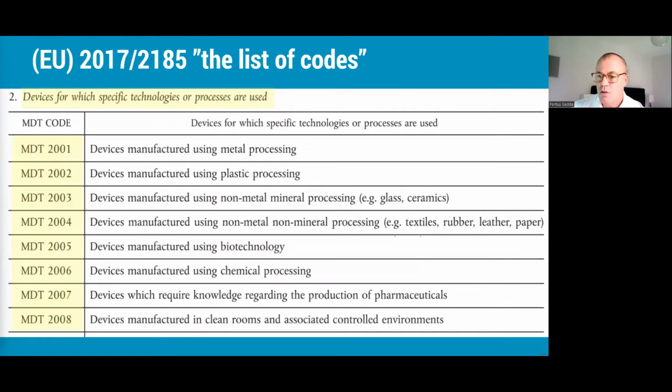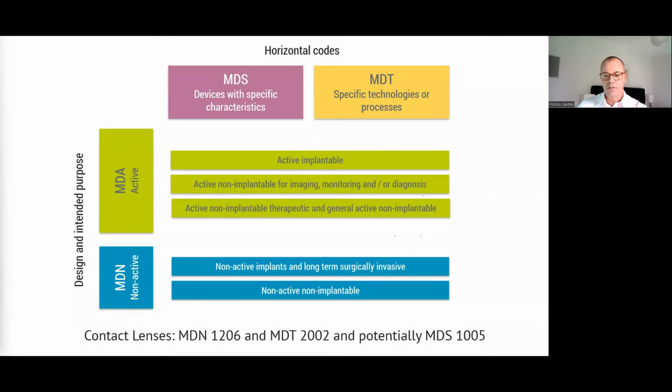The other horizontal codes are the MDT codes, and those are called devices with specific technologies or processes. At least one of these MDT codes per device must be applied to your specific device. The list here is not complete for this group either, since there are 13 different MDT codes. So the MDT codes basically specify how the device is manufactured. And that was the two horizontal codes.